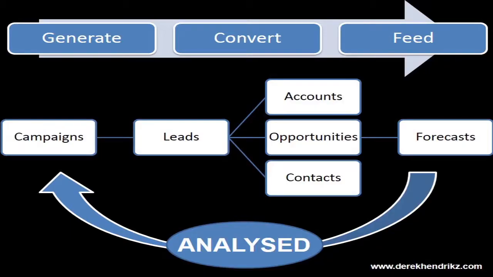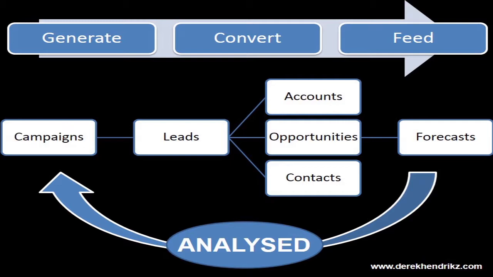Traditionally, we understand CRM, customer relations management, as a generate, convert and feed cycle. What happens here is campaigns, marketing in other words, are generated into leads. Leads are converted into accounts, opportunities and contacts, and these are then fed into forecasts.